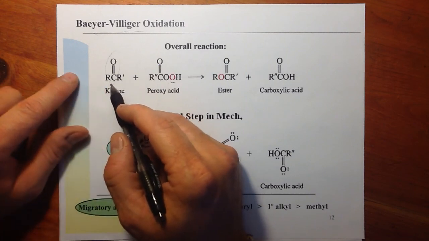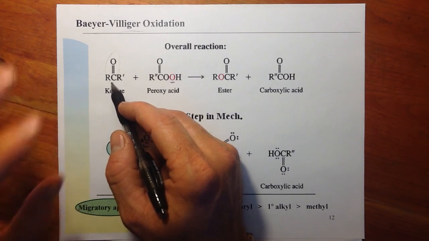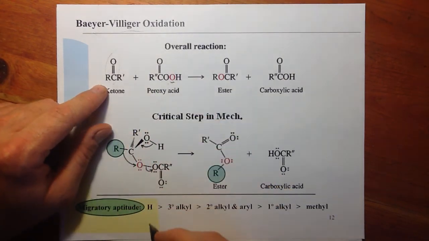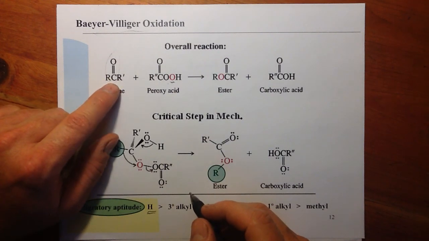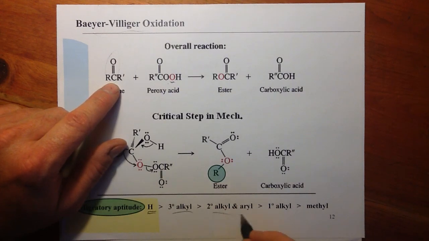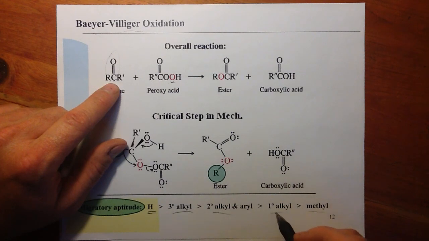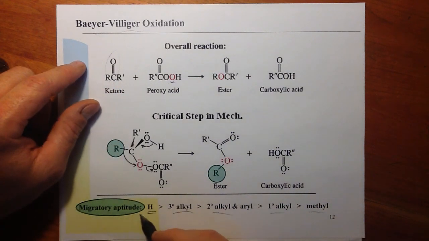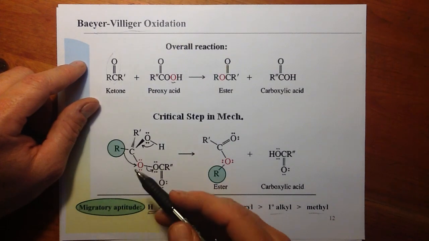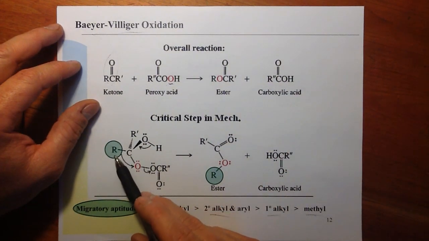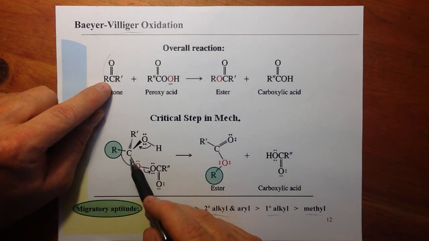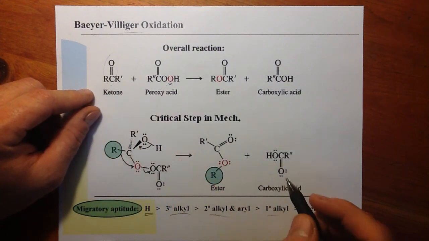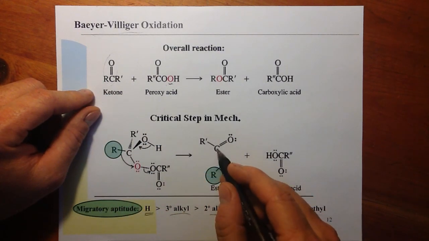If it's a hydrogen, an aldehyde, it'll have the greatest propensity to react between that C and the H. So we say if it's an aldehyde, put it between the H and the C here, and make a carboxylic acid. If it's a tertiary, go before a secondary, and if you don't have that, go to a primary, and then finally a methyl. So that's the migratory aptitude for these Baeyer-Villiger oxidations, i.e. it sets where the oxygen inserts. So if this carbon has a hydrogen off of it, you want to put that oxygen between the hydrogen and the carbon.